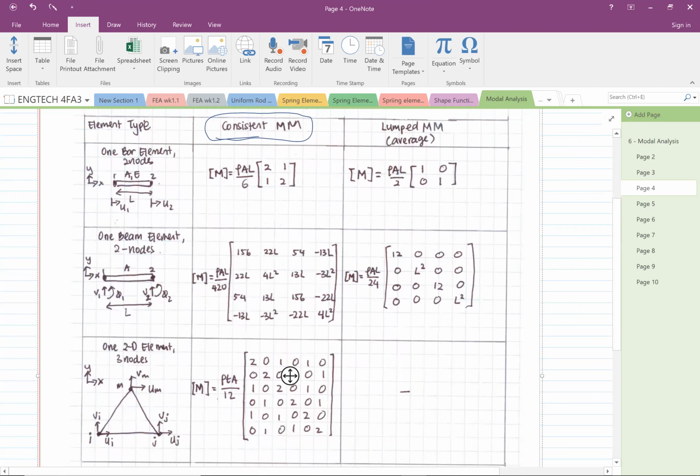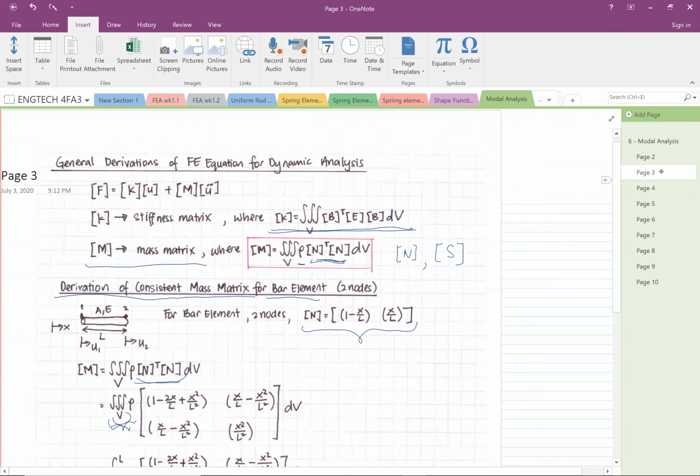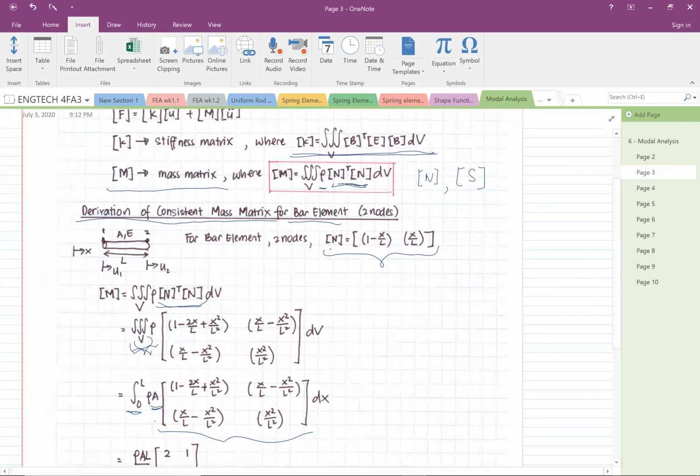Now, I'll just show you how I did that, how I got this. Same as page 3, we just get the shape function, multiply them together, take the density, and then the integral.